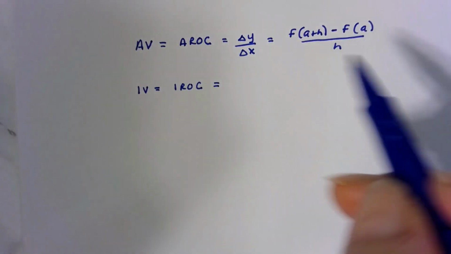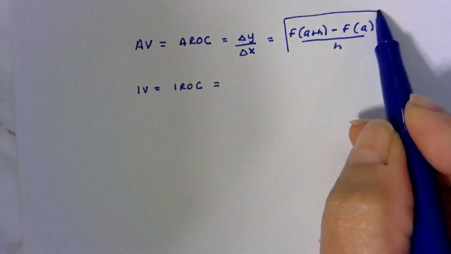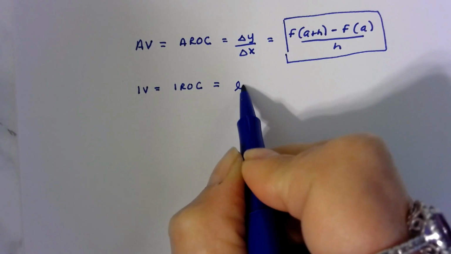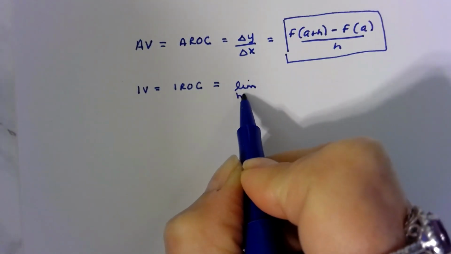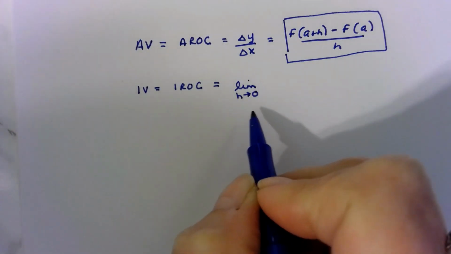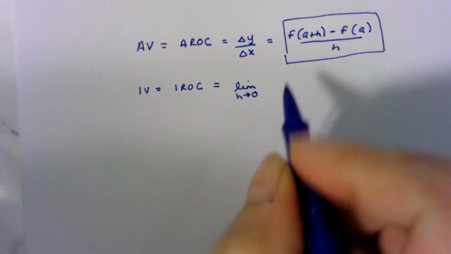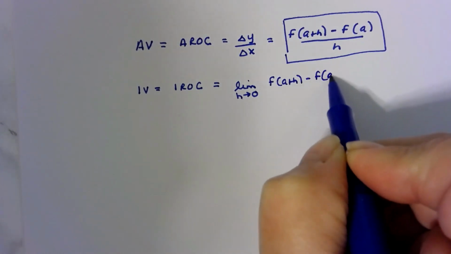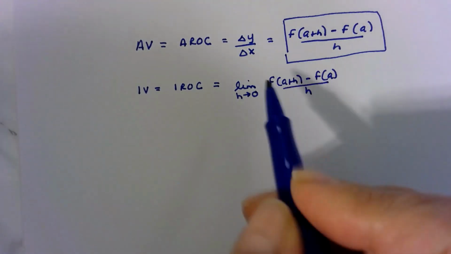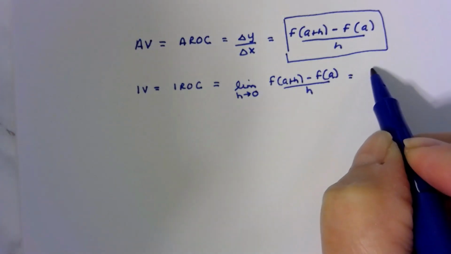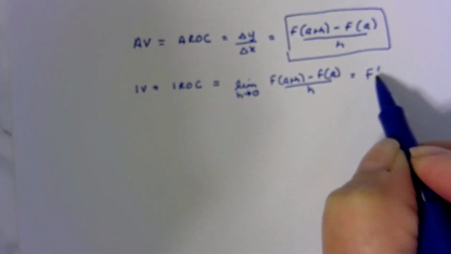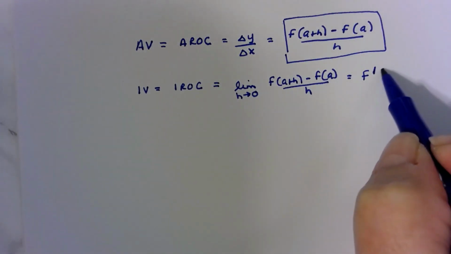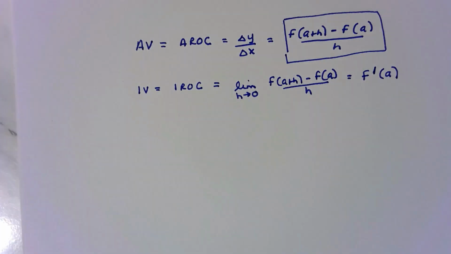This is equal to, and by the way, this is called the difference quotient, the limit as the interval width approaches 0 of the difference quotient, f of a plus h minus f of a all over h. This is equal to the first derivative of the function f at the point where x is equal to a.